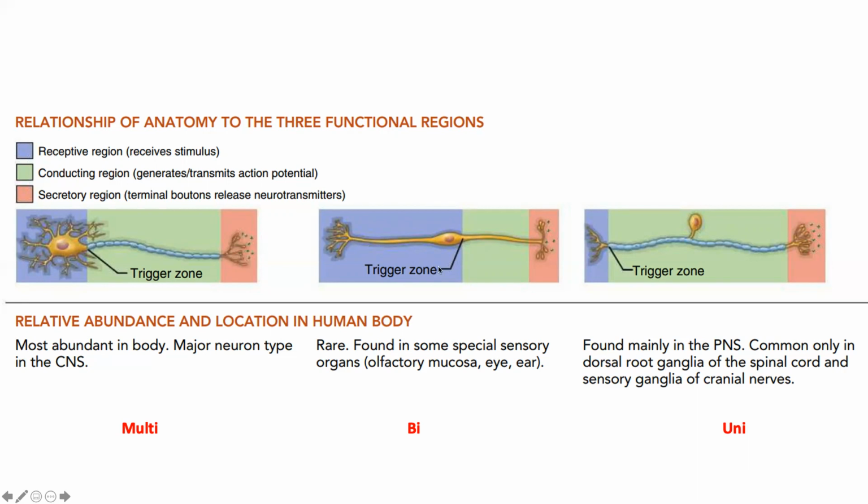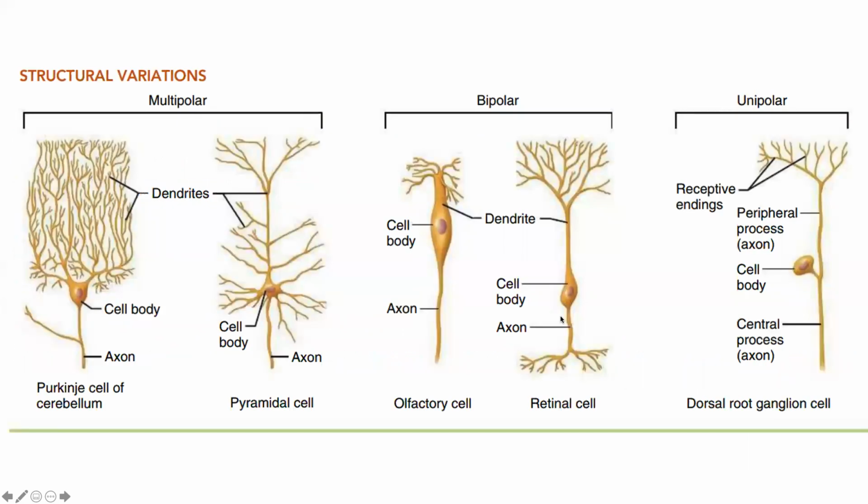The same thing applies for the bipolar neuron and unipolar neuron. There could be structural variation even within the multipolar or bipolar or unipolar. But what we have to be aware of is that multiple dendrites come to the cell body, and from the cell body, one axon comes out.